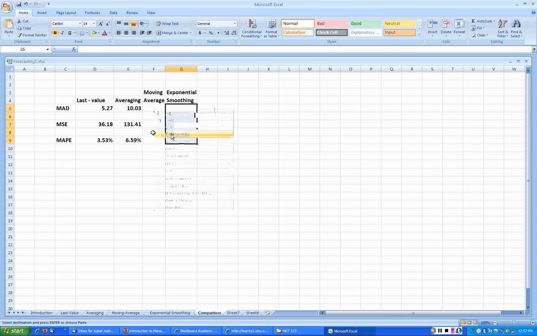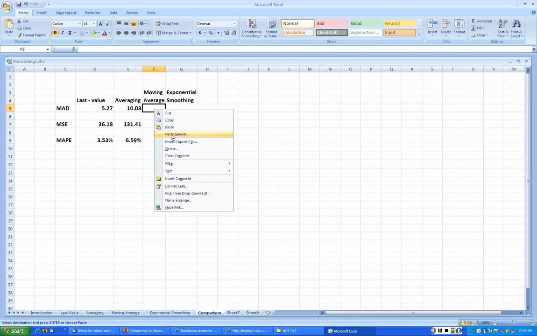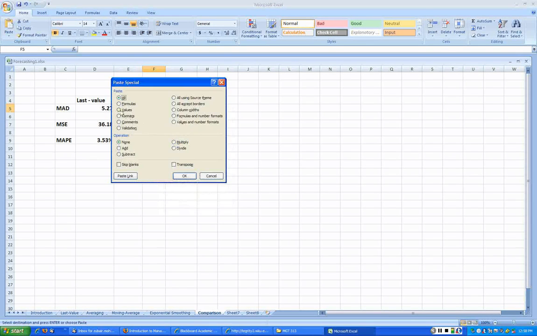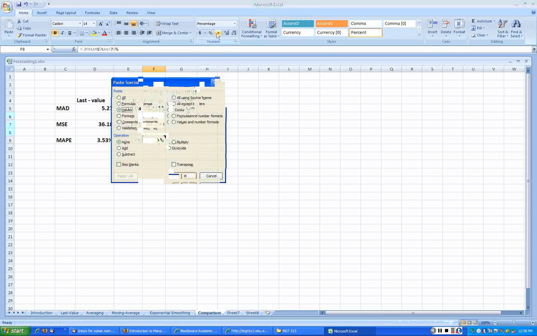Paste special means only the values, not the formulas, because I'm on a different sheet. If I just use the current paste, it's going to look for the formulas and return an error there. So just paste special, just the values. We don't want formulas. Click OK, and they get here. Let's express that as a percentage, with 2 decimal places.